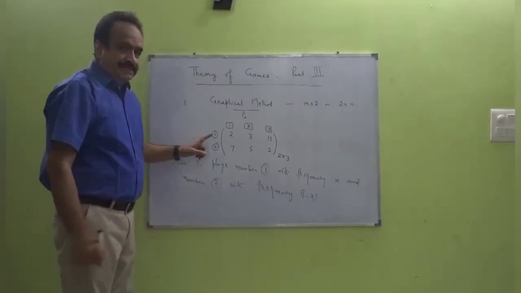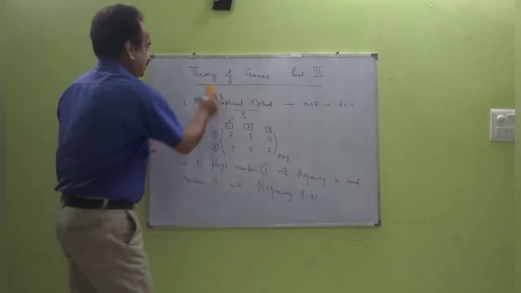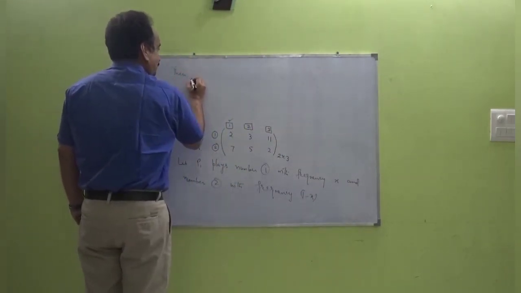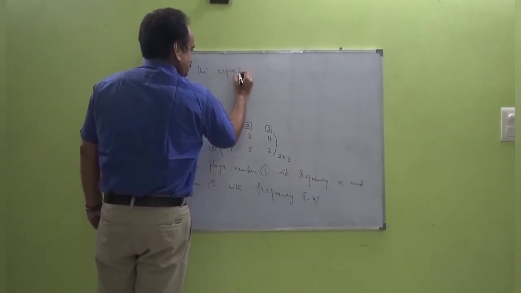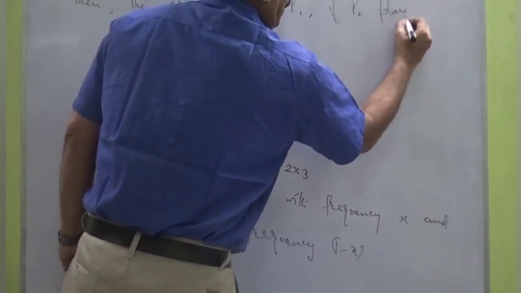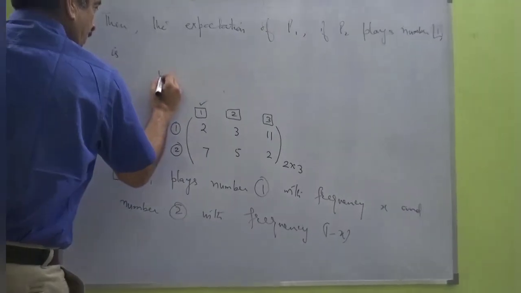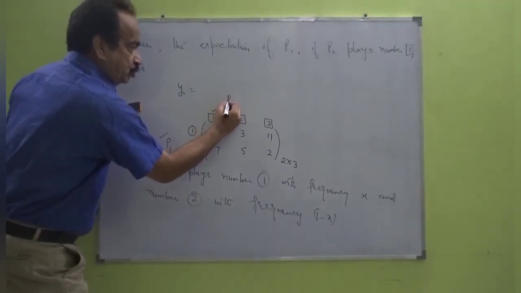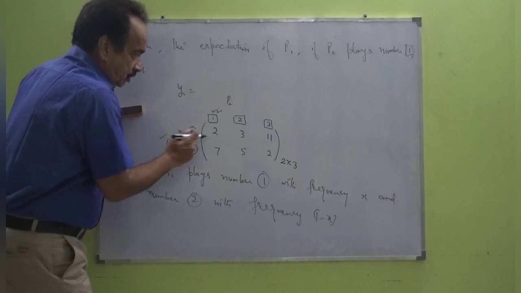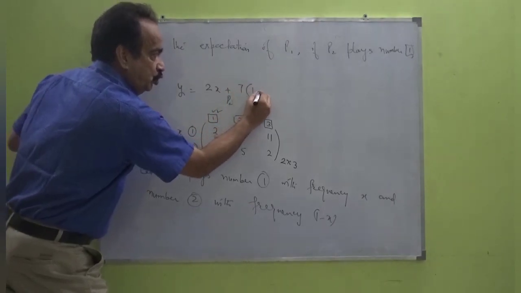Then the expectation of P1 if P2 plays number 1 is, let me write this as y equal to, the frequency here is x and 1 minus x for P1, so the expectation will be 2 into x plus 7 into 1 minus x.